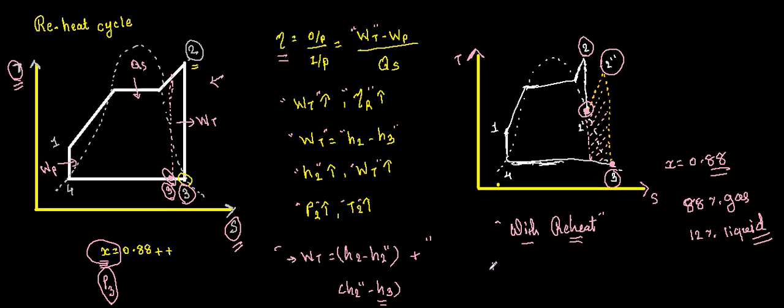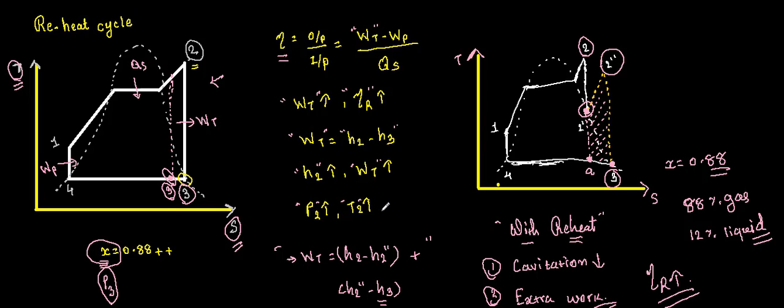That is one of the advantages. And the second advantage is that we are able to obtain extra work out of it, and hence the efficiency of the Rankine cycle is going to improve.